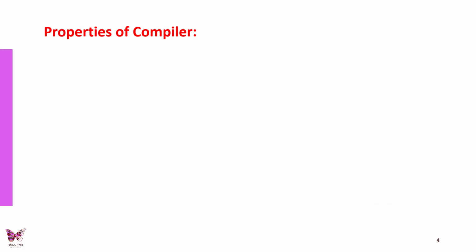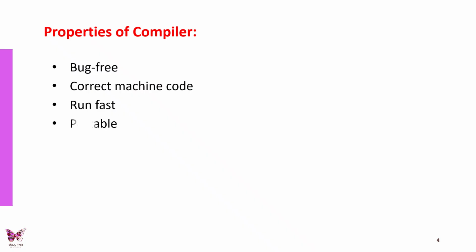Next is the properties of a compiler. When a compiler is built, it should possess the following properties. The first point is that the compiler itself must be bug free. It must generate correct machine code. The generated machine code must run fast.